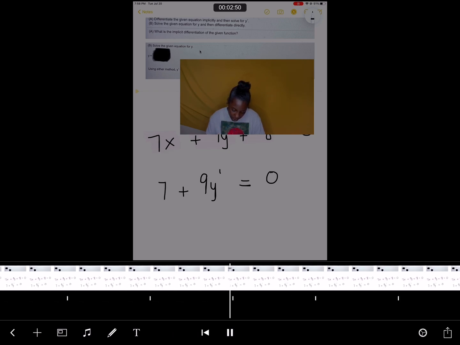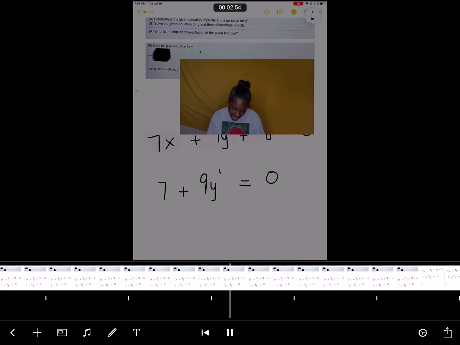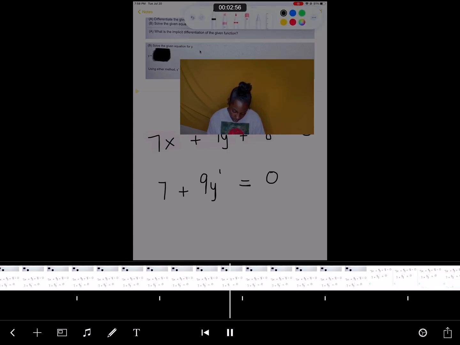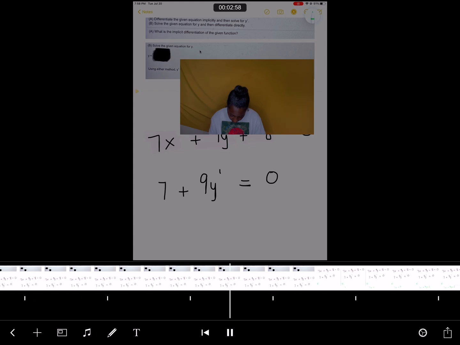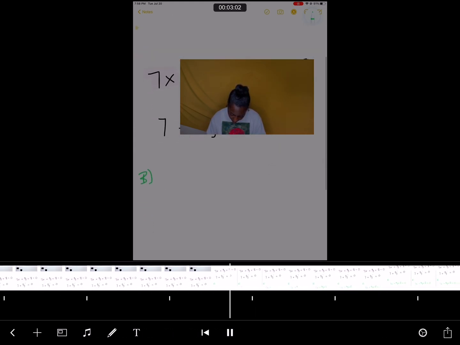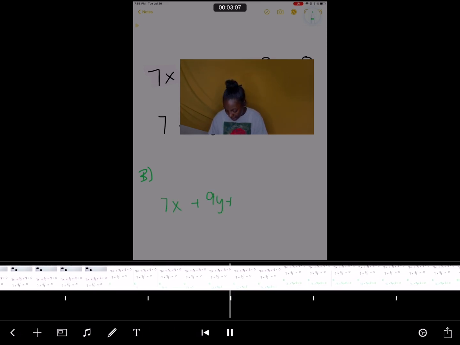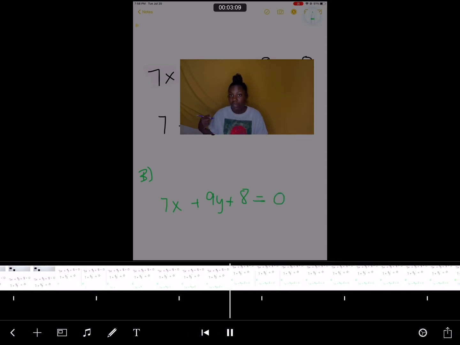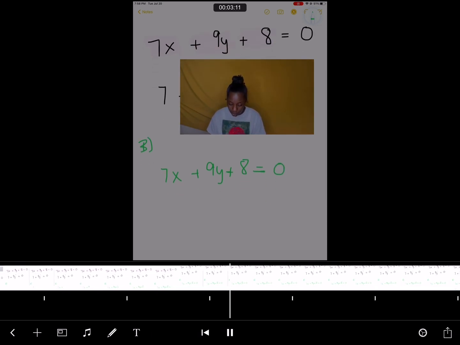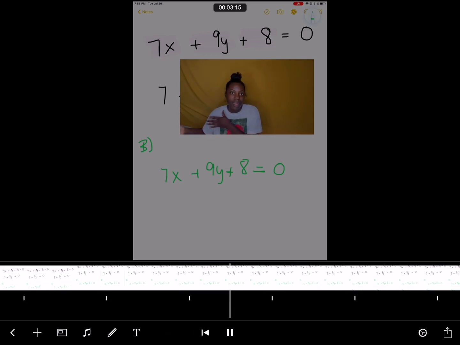Now we need to solve the given equation for y and then differentiate directly. So let's first solve the given equation. When we have 7x plus 9y plus 8 equals 0, we want y on one side and everything else on the other side.